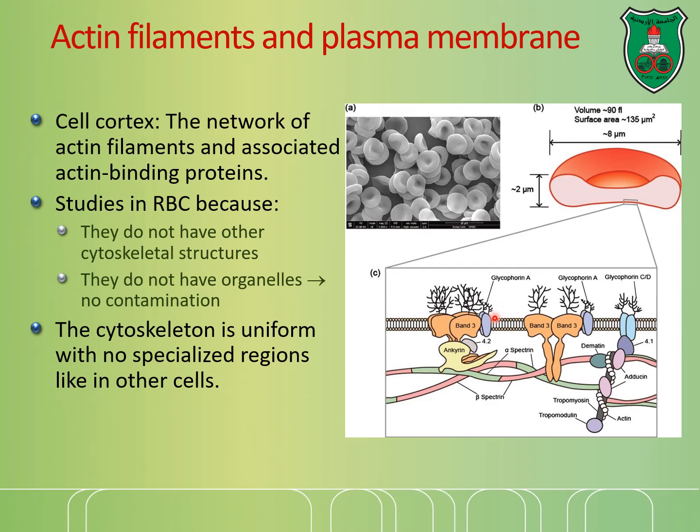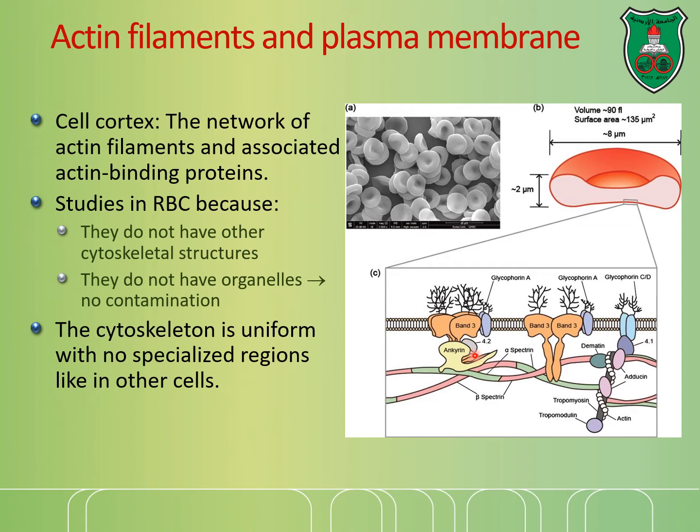And the actin microfilaments can interact with the plasma membrane either directly or via proteins. Okay, and the actin cytoskeleton is best studied in red blood cells, and the reason for that is that the cytoplasm of red blood cells is much simpler than other cells. There is no nucleus, there are no organelles, and there's just cytoplasm.